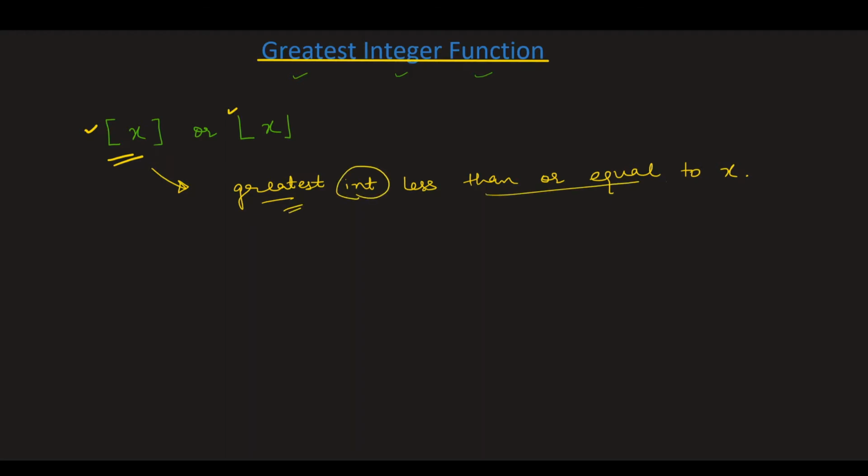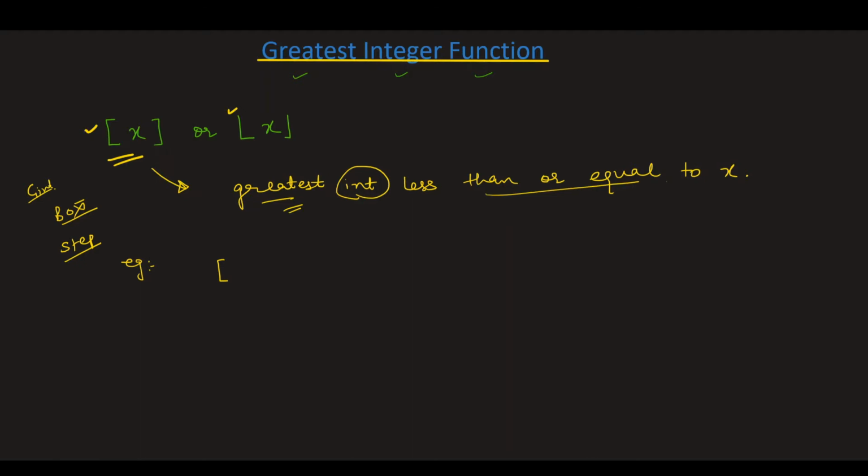So it will return an integer, the greatest integer less than or equal to x. Let us take an example. It can be called the box function, step function, or greatest integer function, or I prefer calling it the gent function because it is easy for me.